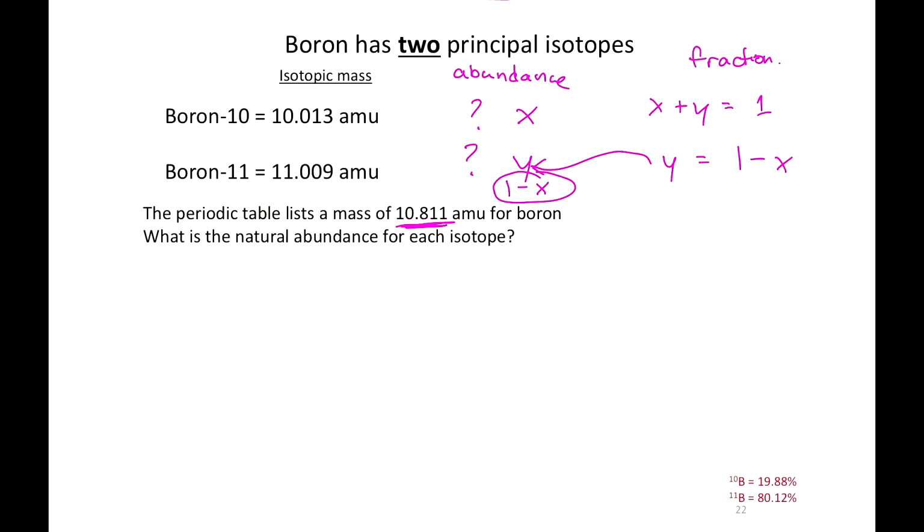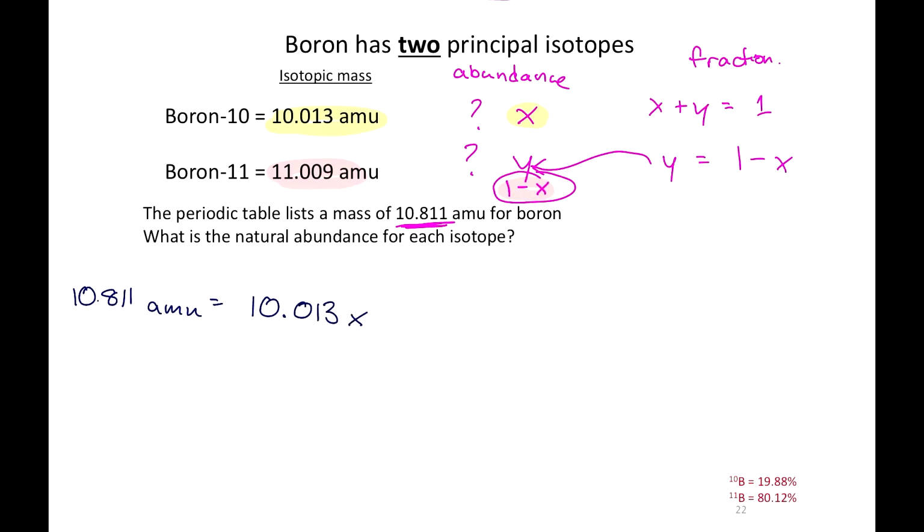All right, so the equation we're going to do is just like we set up the previous one. It's just now we're putting our variables in a different place. Basically, when we multiply our isotopic mass by our abundances, we're going to do the same thing here. Multiply these two numbers, add them up. But this time I already know what it's equal to. So 10.811 AMU is equal to the yellow numbers multiplied together, so 10.013 AMU times x.